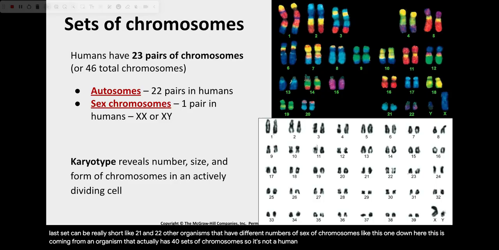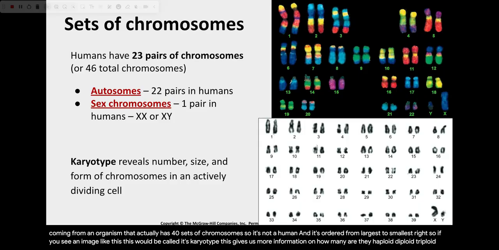But again, it's numbered and ordered from largest to smallest. An image like this is called its karyotype. This gives us more information on how many: are they haploid, diploid, triploid, and what are their relative sizes.